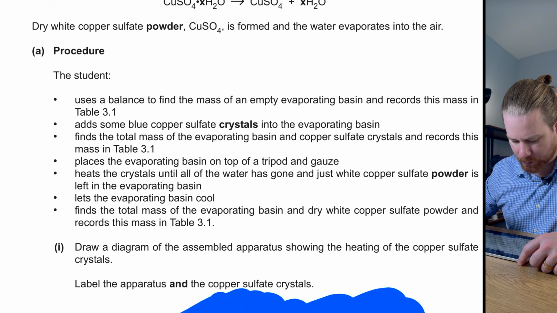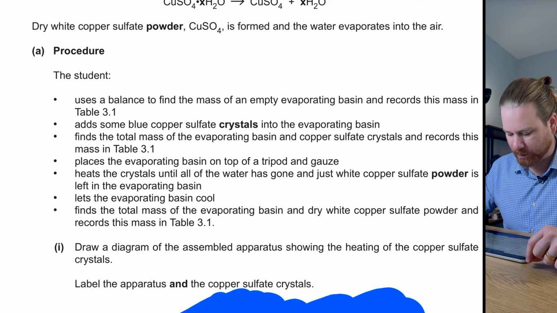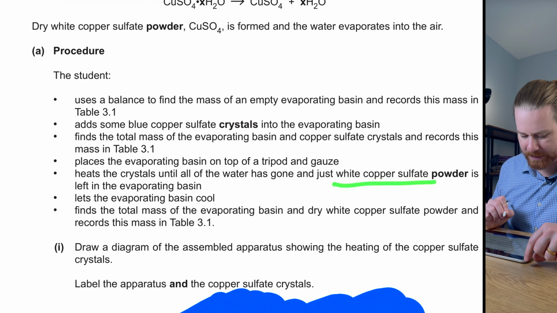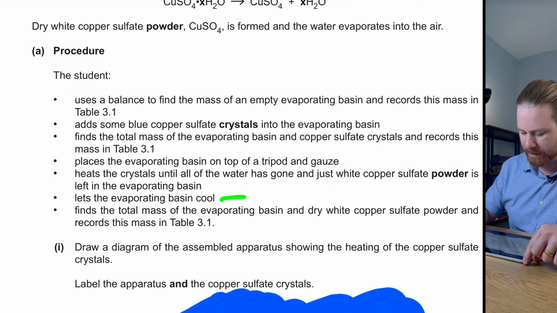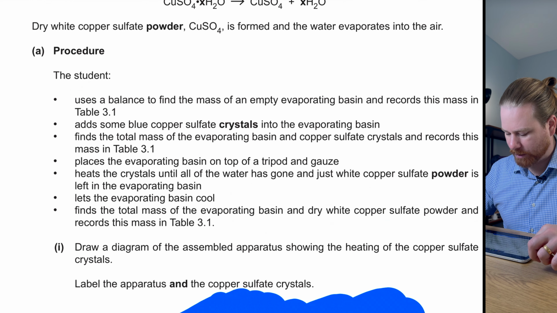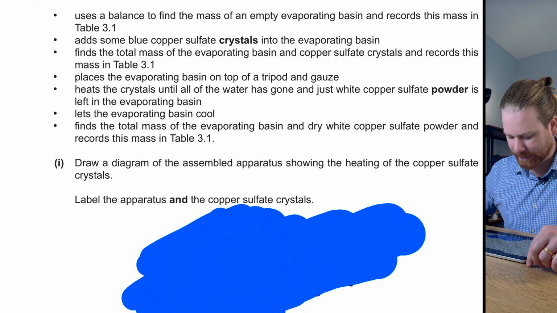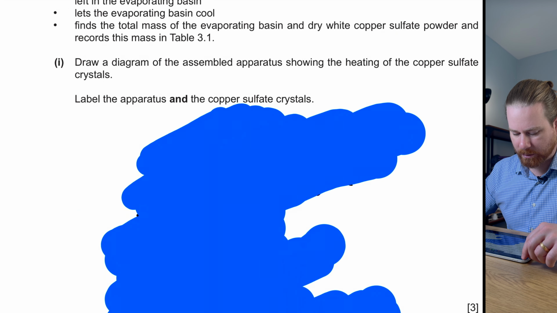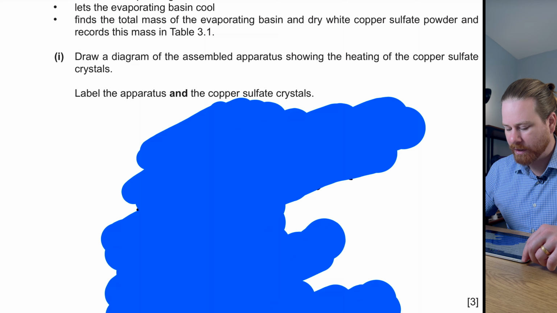They are then going to place the evaporating basin on top of a tripod and gauze. They're going to heat it until we're getting the white copper sulfate. They're going to leave it to cool, and then they're going to find the total mass of the copper sulfate powder at the end. Okay, so before we look at the results, we're being asked to draw a diagram.